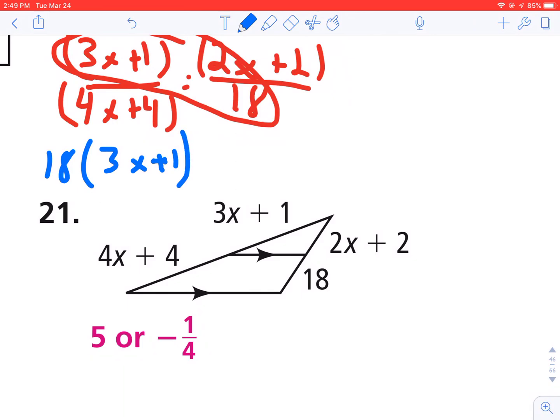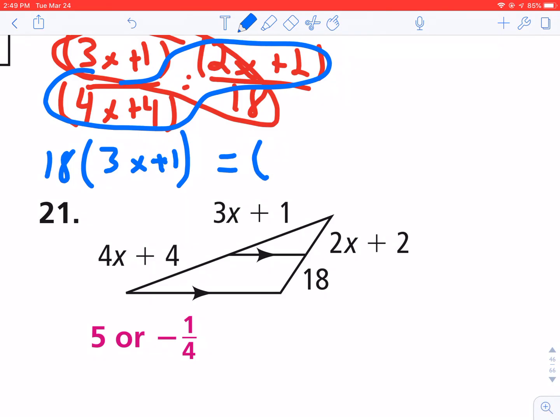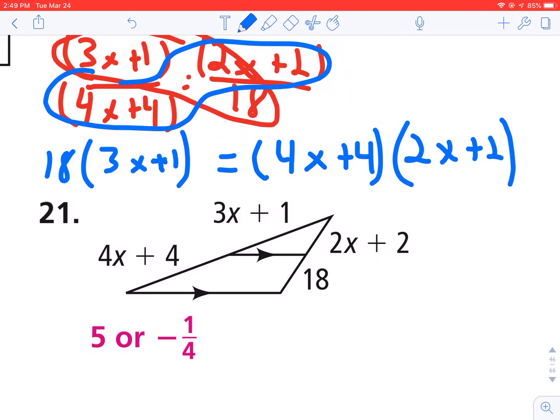3x plus 1 is equal to, and this is where you're going to have to do a FOIL or box, 4x plus 4 times 2x plus 2.